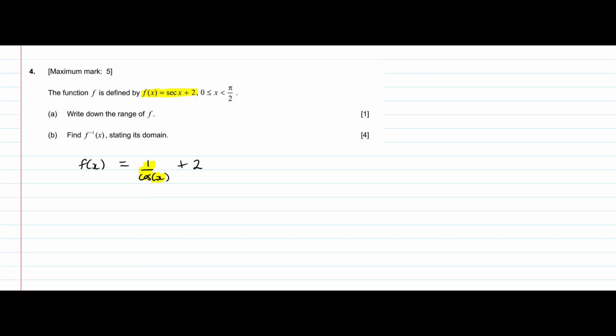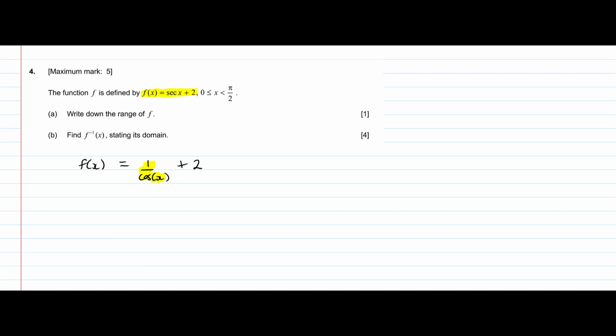And when we have a constant, like 1 divided by a super small number, we're going to get a very, very large number. So as x gets closer and closer to pi over 2, 1 over cos x is going to tend toward infinity.